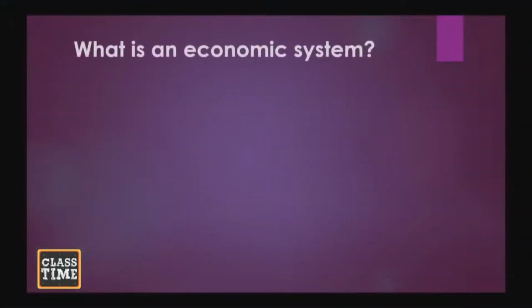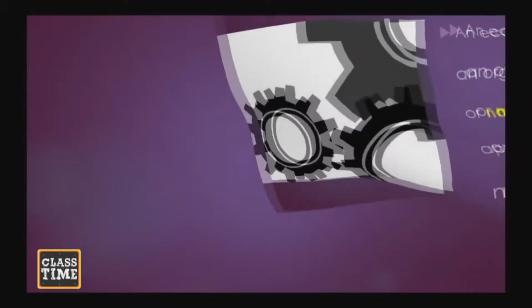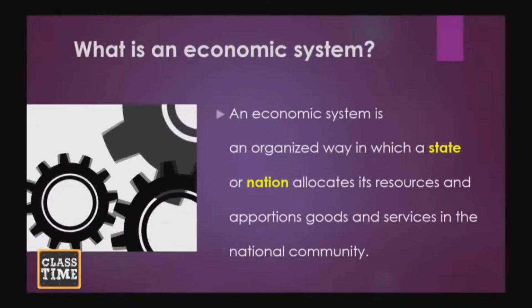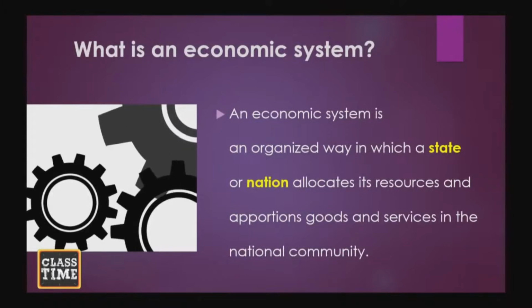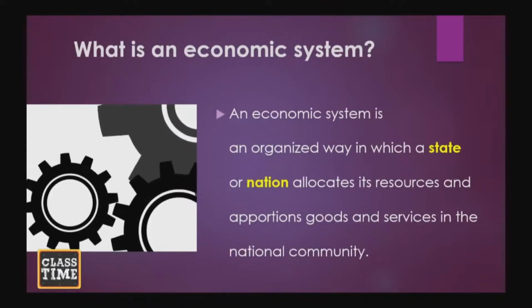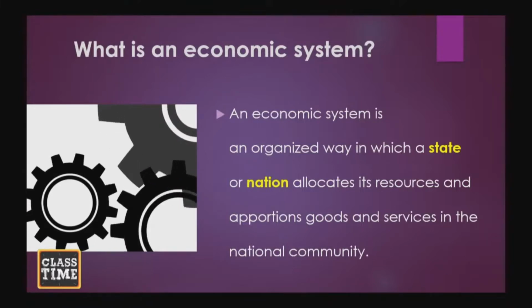So to get started, we are going to be looking at the definition of an economic system. We say an economic system is an organized way in which a state or nation allocates its resources and apportions goods and services in the national economy.